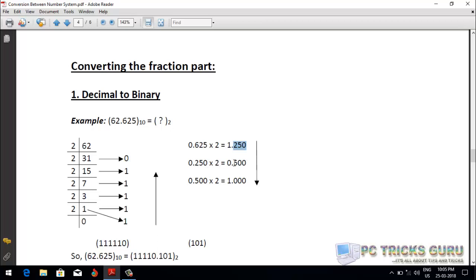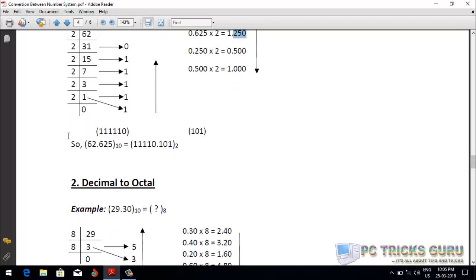Now take 0.500, multiply it by 2 and it gives us the result 1.000. So we got 1 here and we can end the multiplication here because we got 0 on the right side of the decimal point.